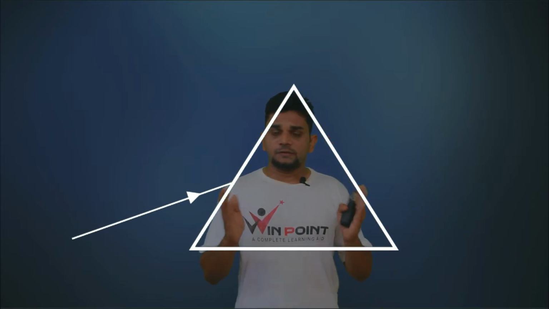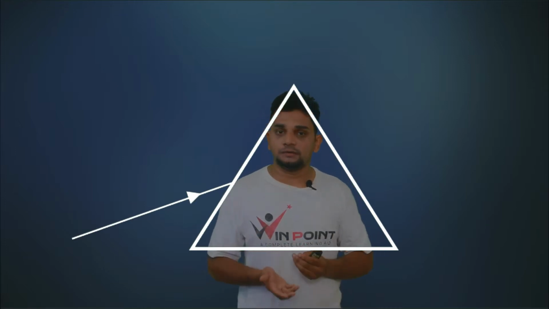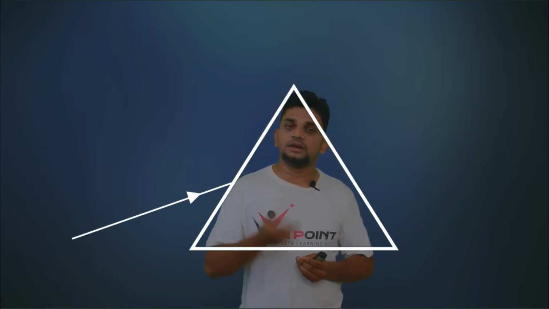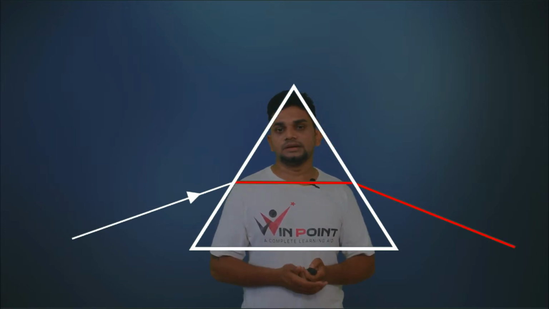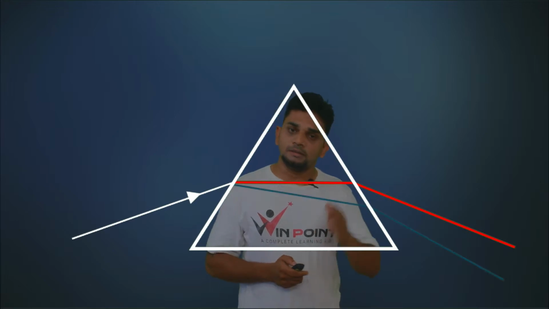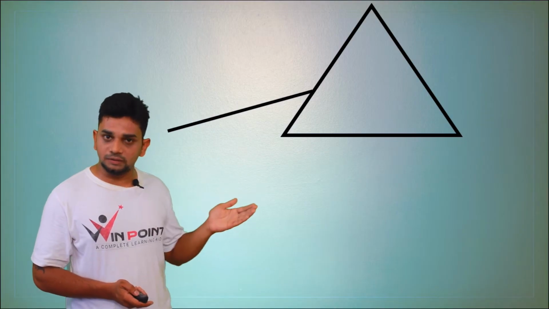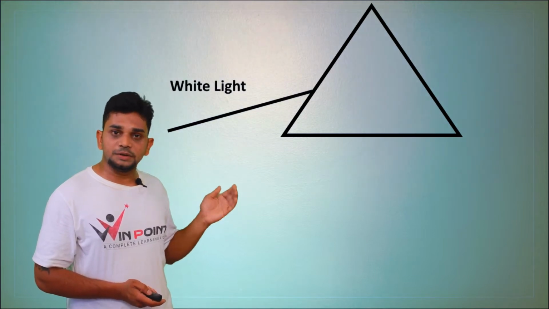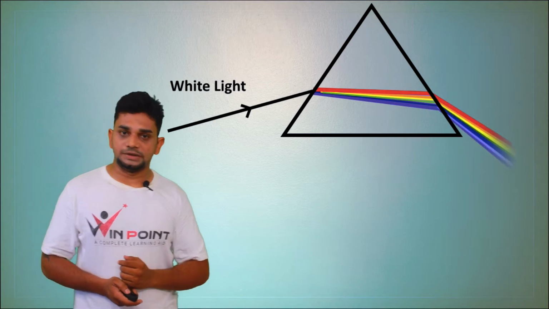Inside the prism, different colors have different speeds, so the bending will be different. The bending of red will be minimum and the bending of violet will be maximum. That is the reason for dispersion. Each color has a different wavelength and a different speed in the medium, so the bending will be different. That's the reason for this splitting.